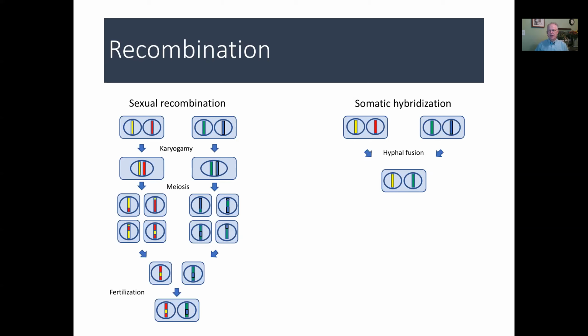So you pass on a haplotype, but it is changed by recombination in the process. So it's not identical to either of the original haplotypes in the parents. In contrast, in somatic hybridization, you pass on a whole intact nucleus. So the haplotype that you see in the parent is also the haplotype you see in the resulting progeny.